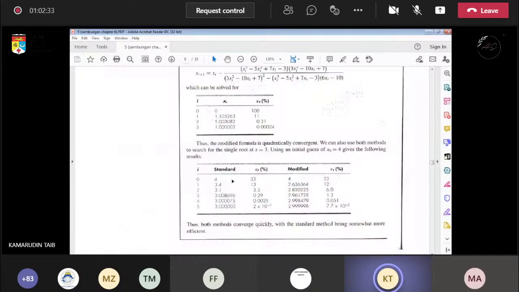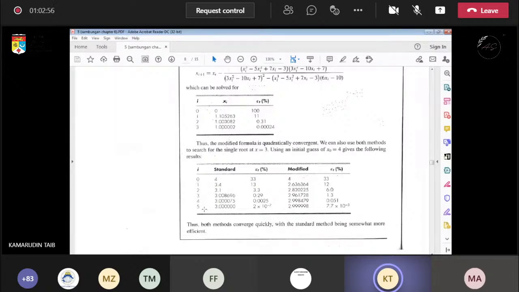So you notice both methods can be considered to converge quickly, with the standard method turning out to be more efficient.